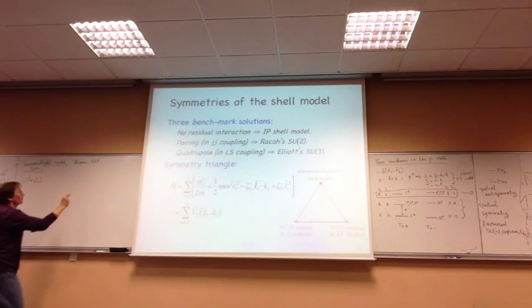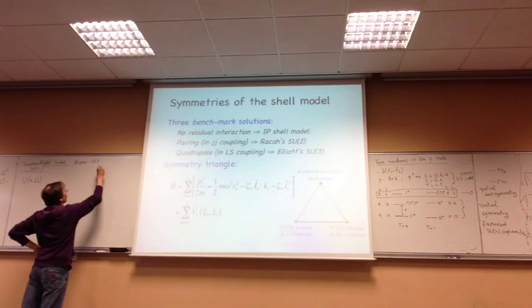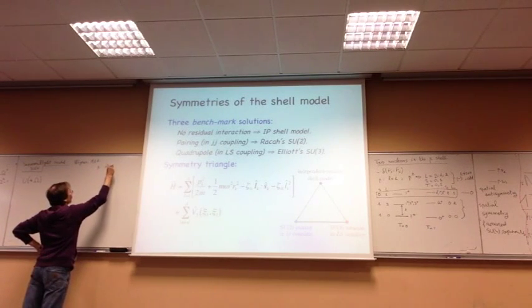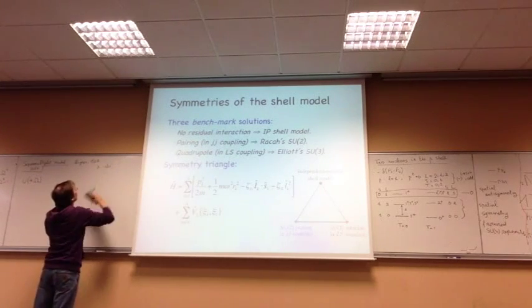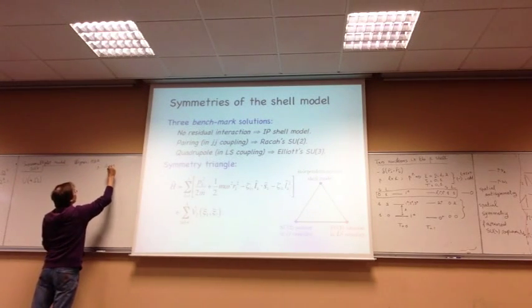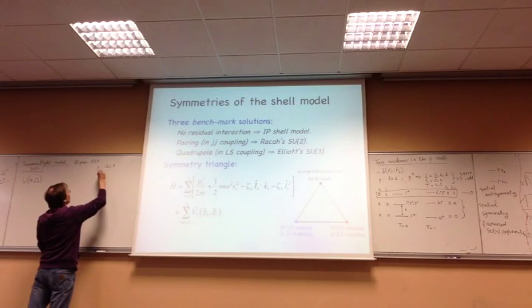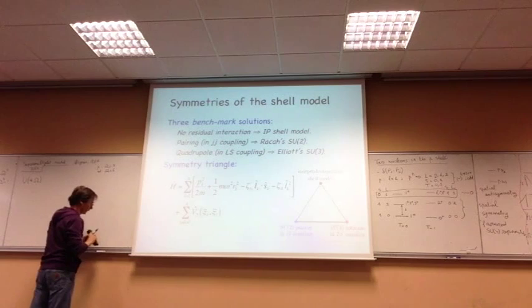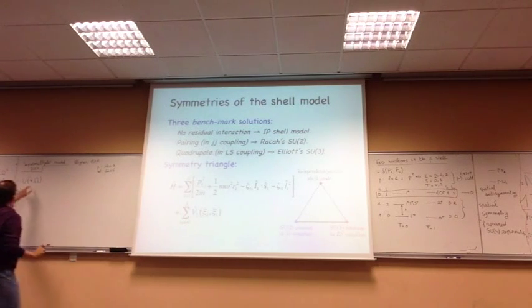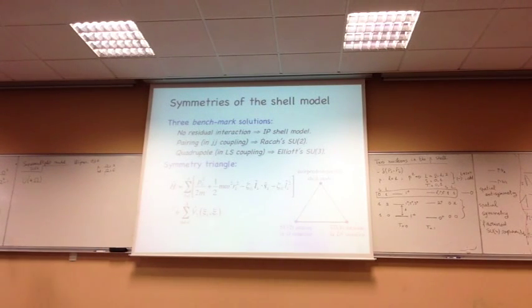The omega would be, for instance, for the P shell, 3, so it's 2L plus 1. For the SD shell, omega is 6, and so on. And the 4 comes from the fact that you have 2 spin states and 2 isospin states. Right? Proton, neutron, spin up, spin down.